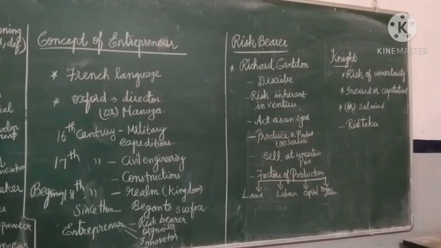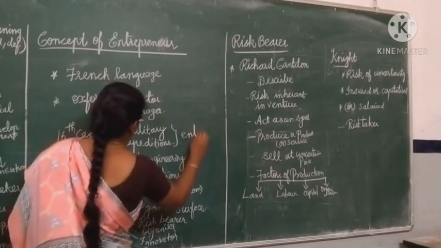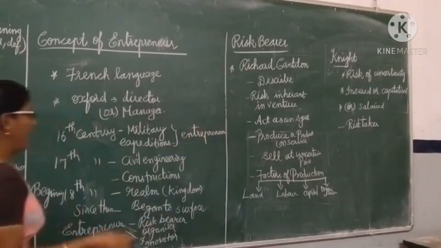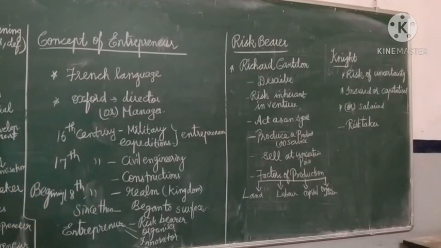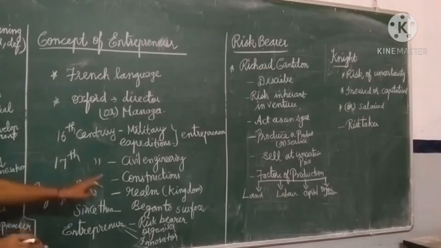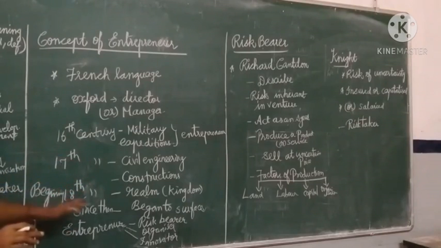So, in the early 16th century, the term entrepreneur was applied to refer to those who were engaged in military expeditions. The persons who are engaged in a military expedition can be called entrepreneur. At a later stage, the term entrepreneur was used in the realm of economics.